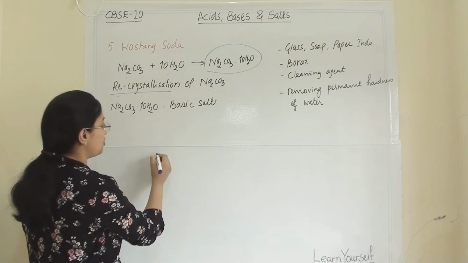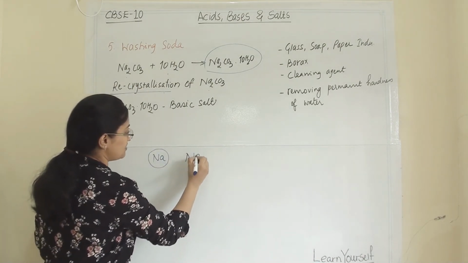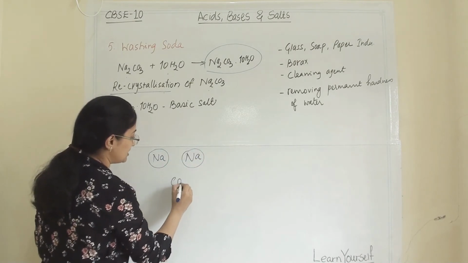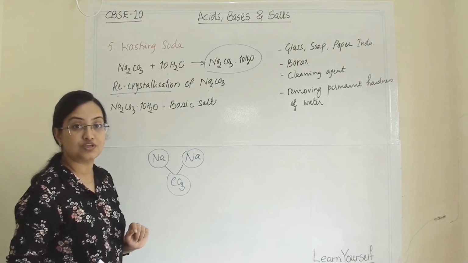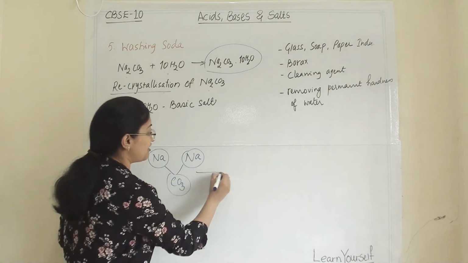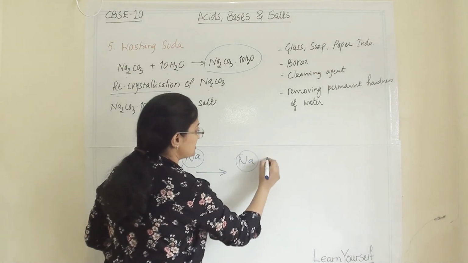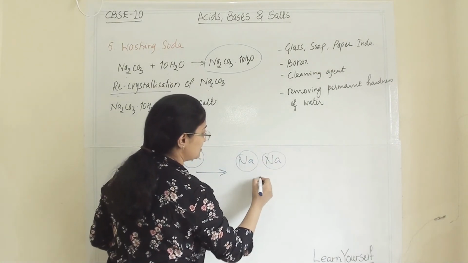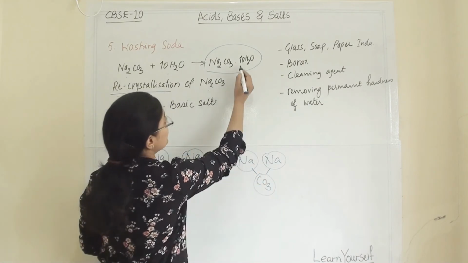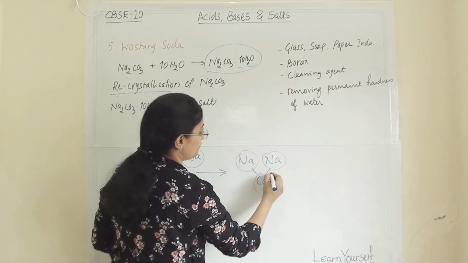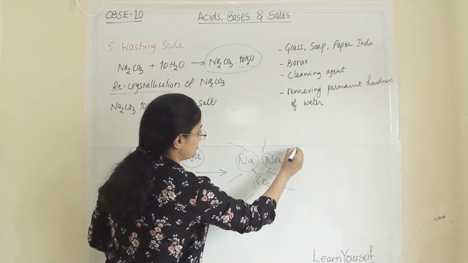In this molecule, two sodium atoms and one carbonate were there. But after the recrystallization, along with the two sodium atoms and one carbonate, 10 molecules of water are attached.